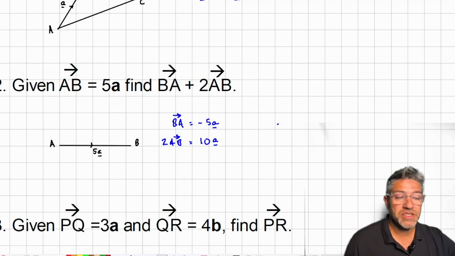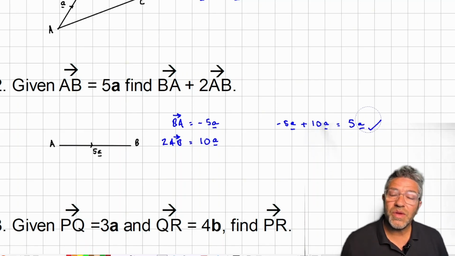BA, which we now know is minus 5a, plus 2AB, which is 10a, and that equals 5a. So in these first 2 questions, we're just demonstrating the basic concept of combining vectors and introducing that basic concept of, I suppose, vector spaces moving around.